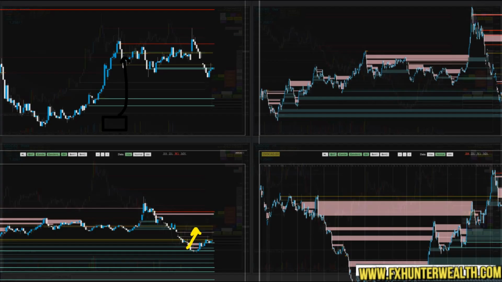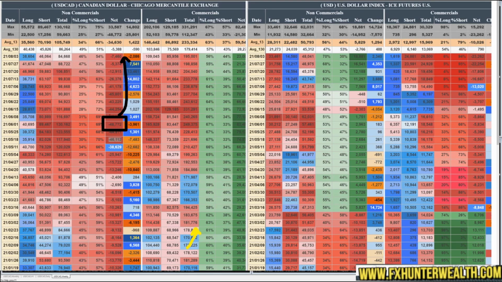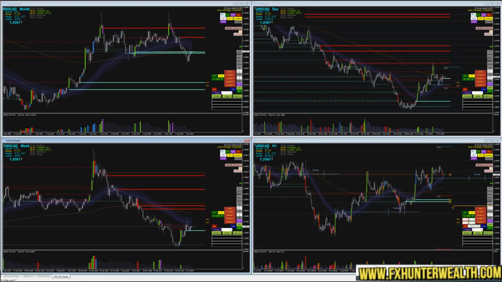Let's go back here. As the price was moving higher, the banks reduced 40k shorts. So they are now just minus 7k negative against the 48k. So what's this telling me? This tells me that the banks have been very bearish, then they started to close shorts, and as the price is moving higher, they are closing their shorts for the CAD.